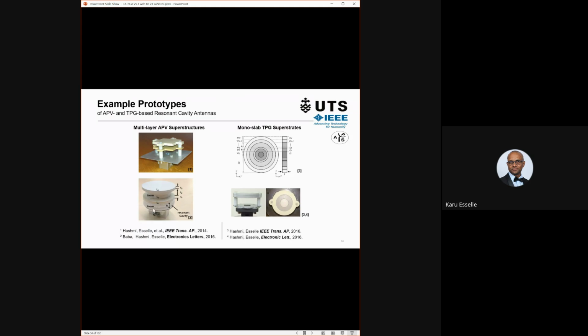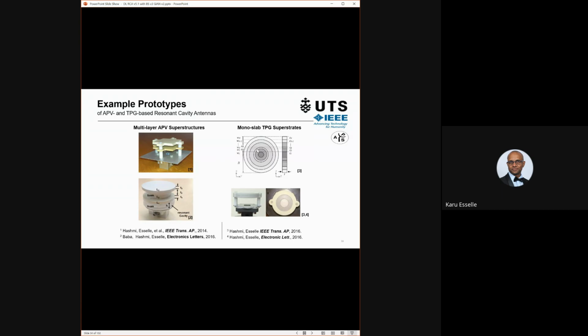It is not air in this case, it is foam that is to hold this, but foam is very much like air, low dielectric constant. So it's a foam filled resonant cavity, and then the ground plane is this. And you can see the diameter of the ground plane is exactly the same as the diameter of the resonant superstructure. So you don't need large ground planes.